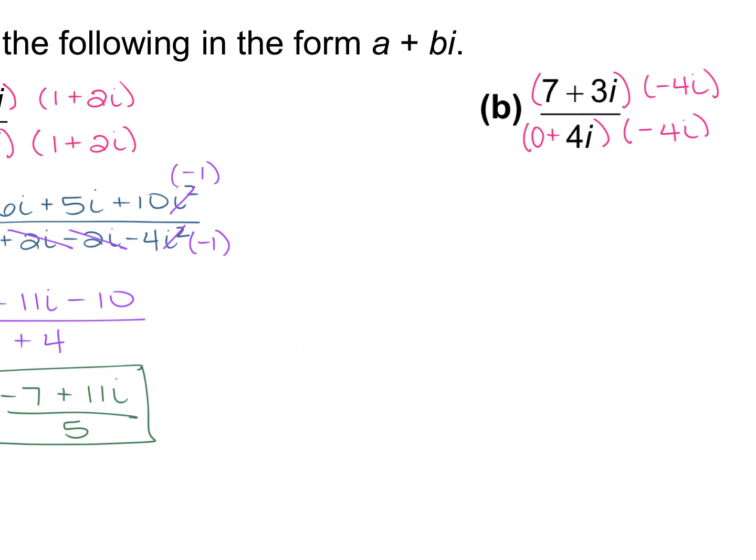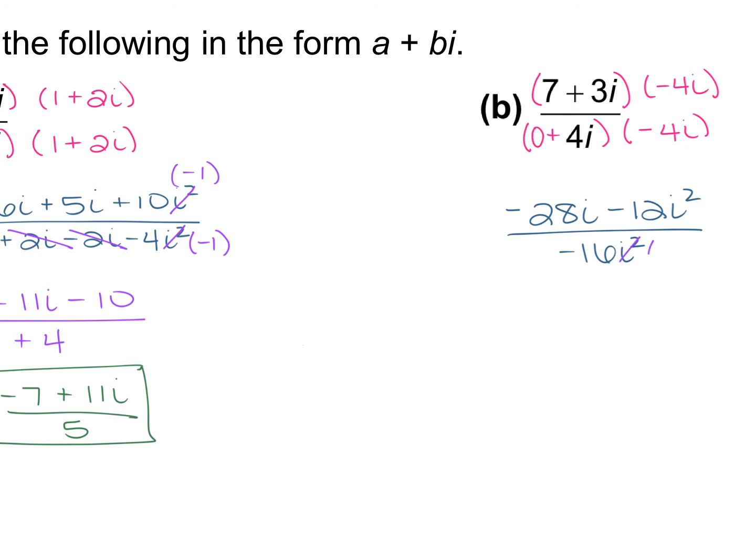On the top, we're just distributing in. So the 7 times negative 4i is going to give us negative 28i. Then the 3i times negative 4i is negative 12i squared. On the bottom, positive 4i times negative 4i is negative 16i squared. Since you don't have like terms to combine, just simplify that i squared.